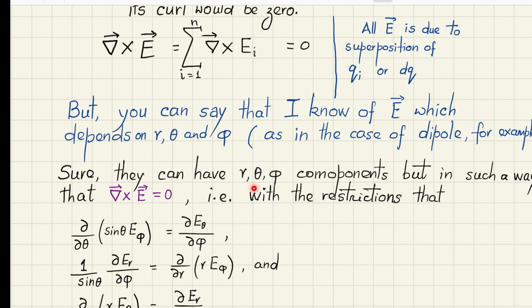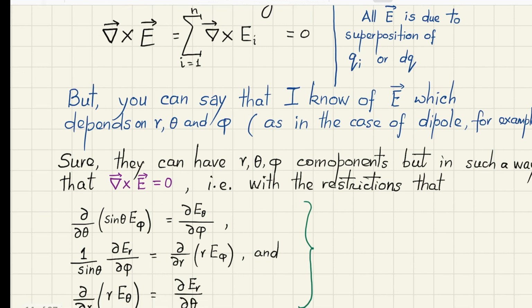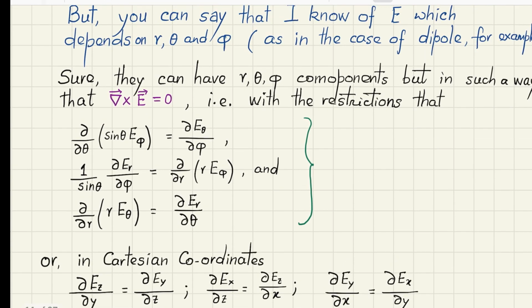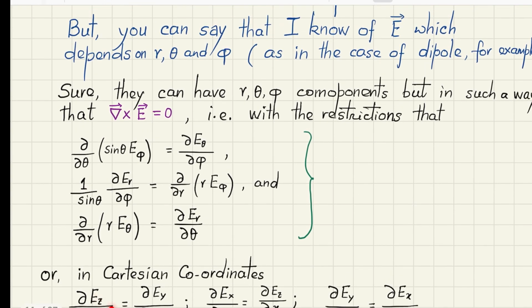So you can have r, theta, phi components provided you have satisfied these conditions, which ensure that the curl is 0. Or in Cartesian coordinates, each of these components should be such that del E y by del x must equal del E x by del y, and so on and so forth.